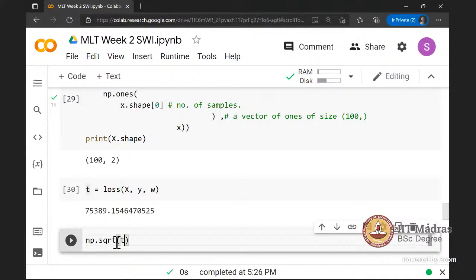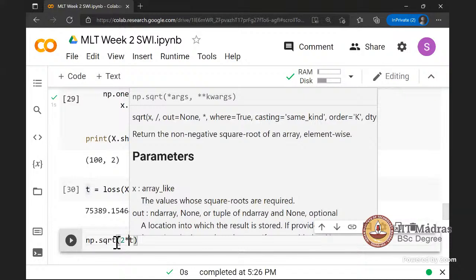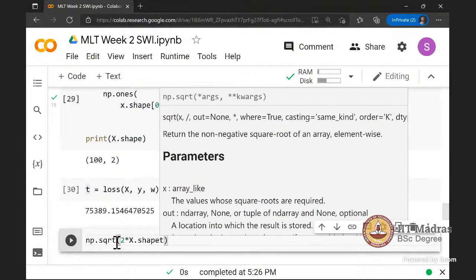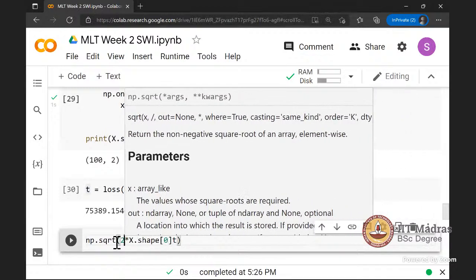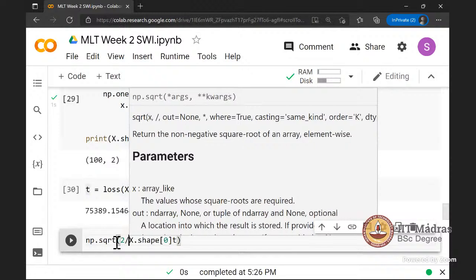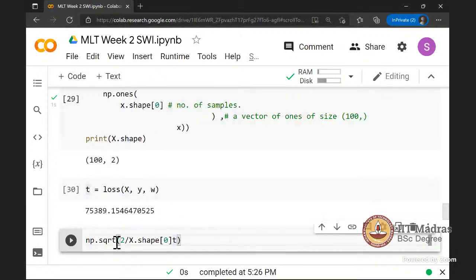Okay, 2 by n, 2 divided by x.shape[0], and then the entire thing multiplied by t. But you surround 2 divided by x.shape[0] with a parenthesis, a bracket. Ah, that's fine. It will work.